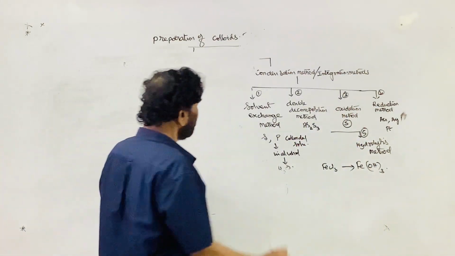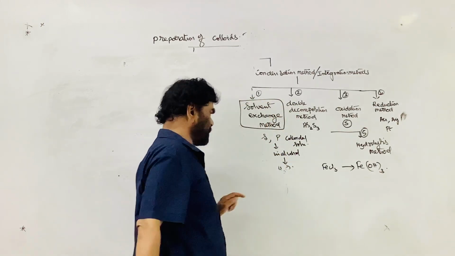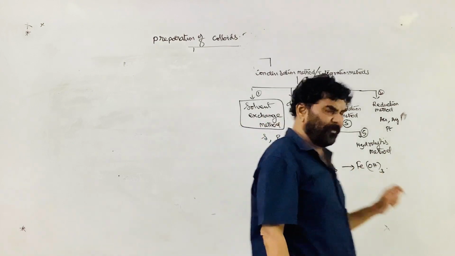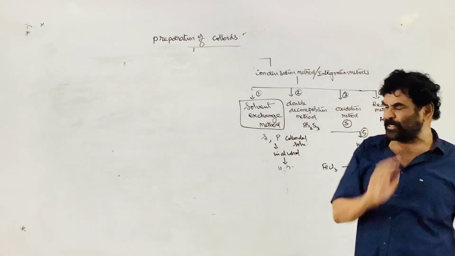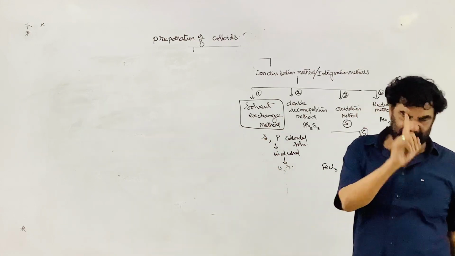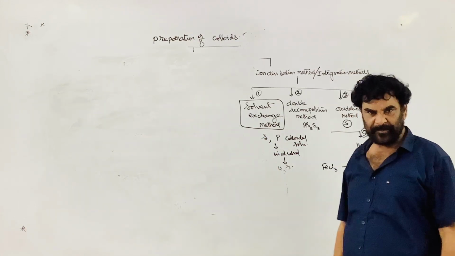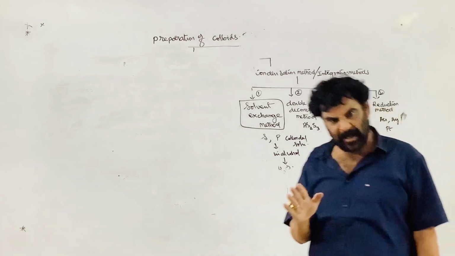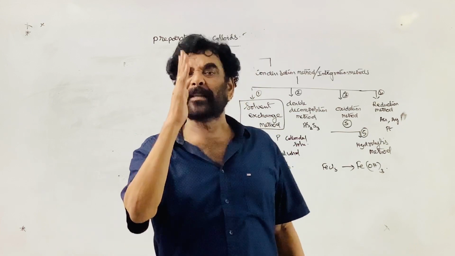See what happens in the solvent exchange method. Sulfur and phosphorus colloidal solutions can be prepared this way. The principle is to take the material, the dispersed phase, and dissolve it in a suitable solvent, the dispersion medium, to prepare a true solution.